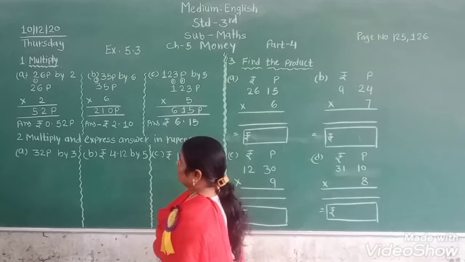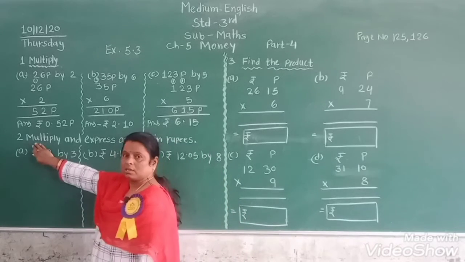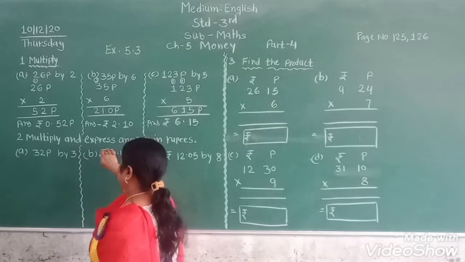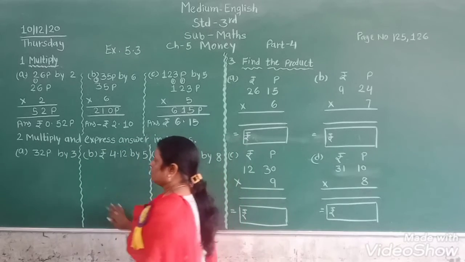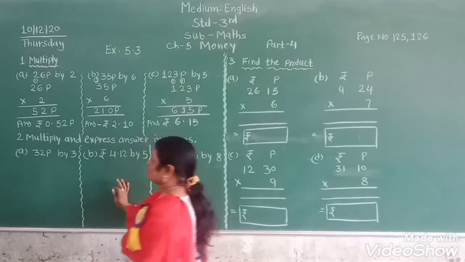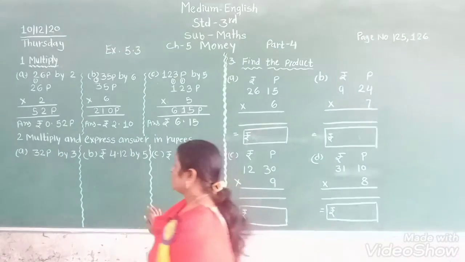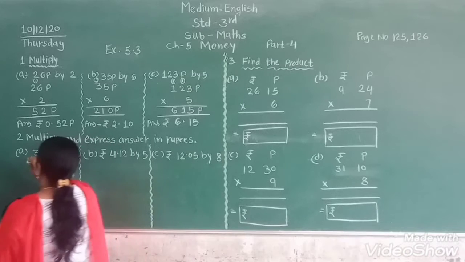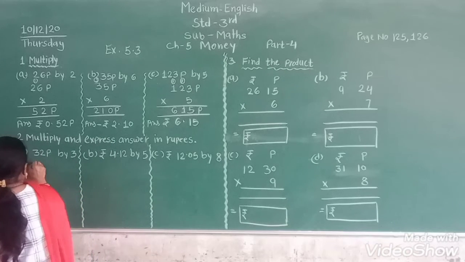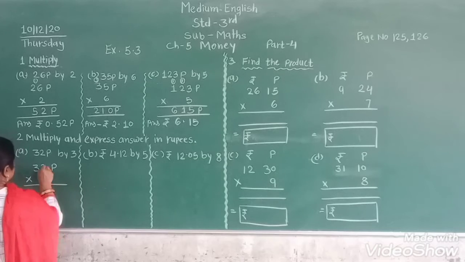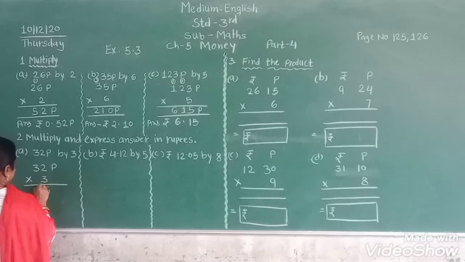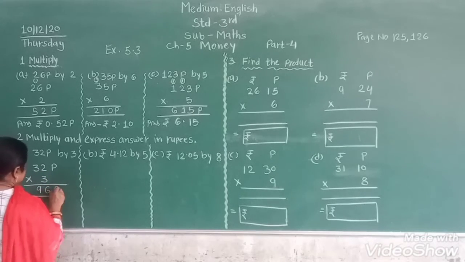Okay. Now question number 2. Multiply and express answer in rupees. Here also we will do the same, multiply and write the answer in rupees. So first we multiply 32 by 3. So here we write 32 paise multiply by 3. 3 2s are 6, 3 3s are 9. 96 paise.